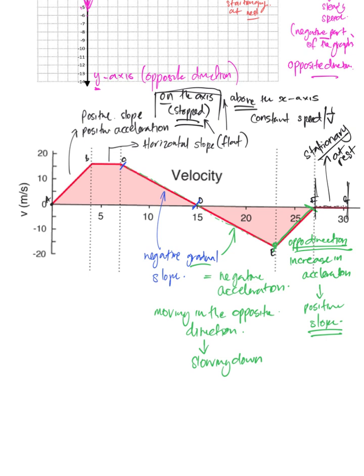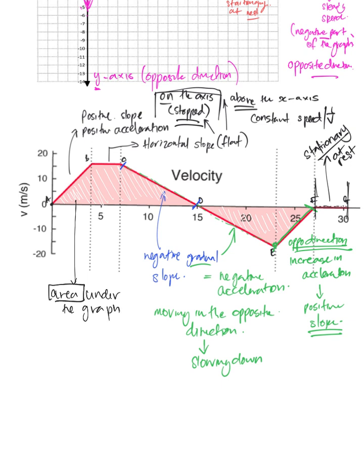Right, and then the last thing that we need to discuss here, if I have a look at this graph, and I look at this zone here, you see this that I'm coloring in, we call that the area under the graph.